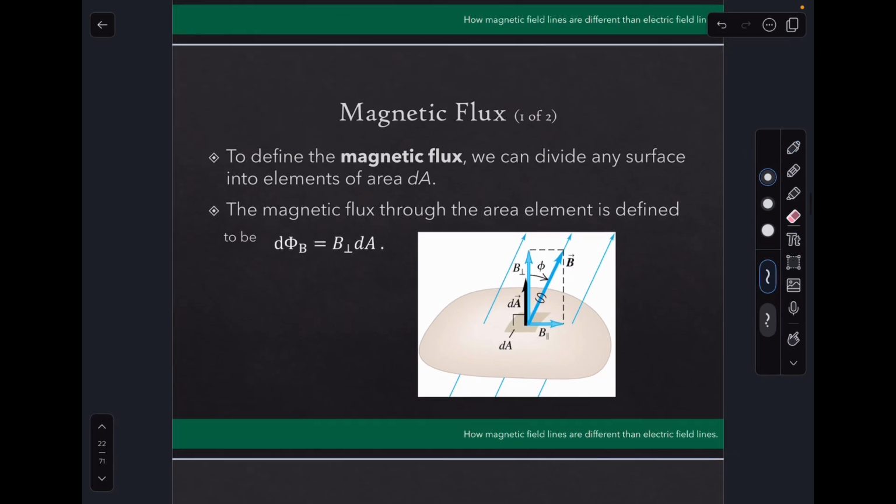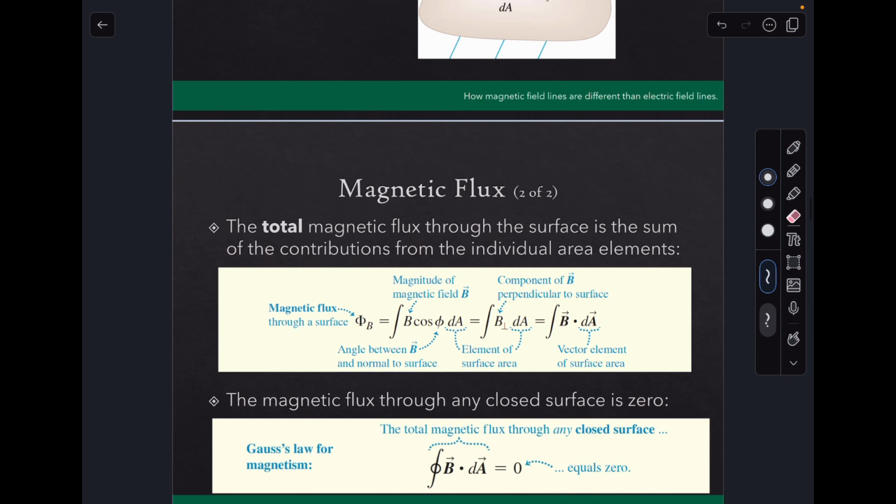Let's talk about magnetic flux now. Magnetic flux, analogous to electric flux, is how much of a field is traveling through some area. And the amount of field that we care about is the amount that is perpendicular to the area, in the same way that we defined electric flux.